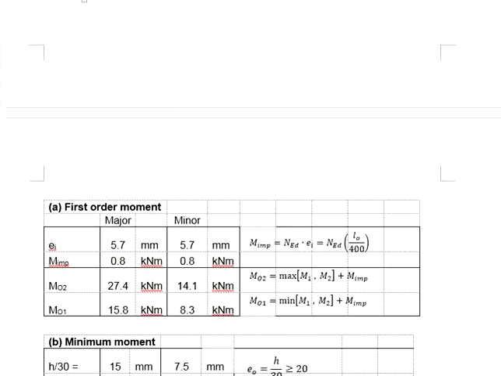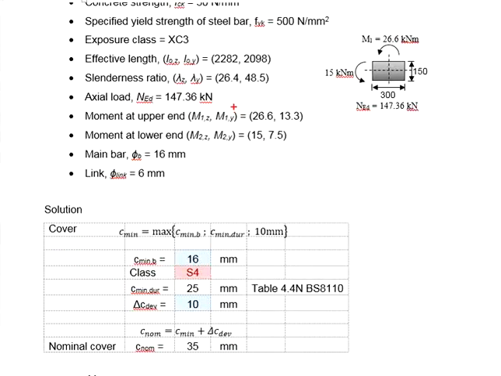After being rounded up, the EI are the same. And then multiply by NED, you get the M imperfection. This M imperfection is later to be added with the moment acting onto the column.